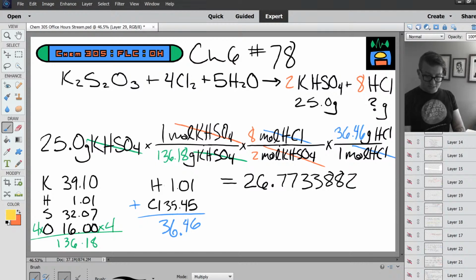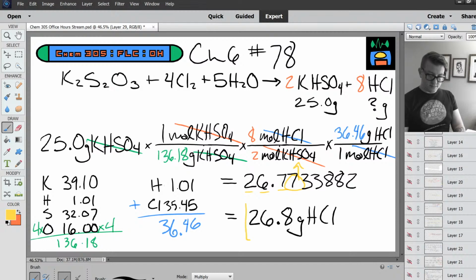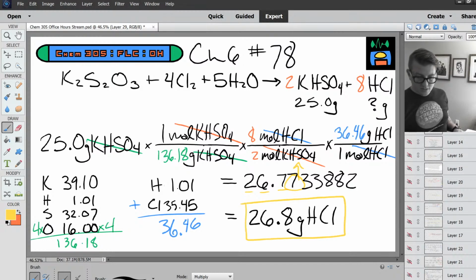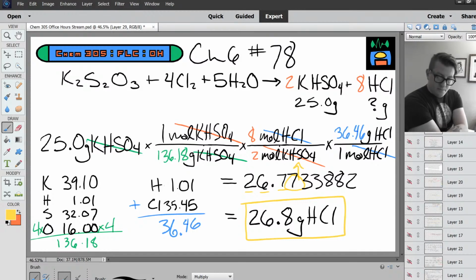We can keep 3 sig figs. That 7 will round up. So the amount of hydrochloric acid produced alongside potassium bisulfate will be 26.8 grams of HCl. All right, that is the answer to chapter 6, number 78.